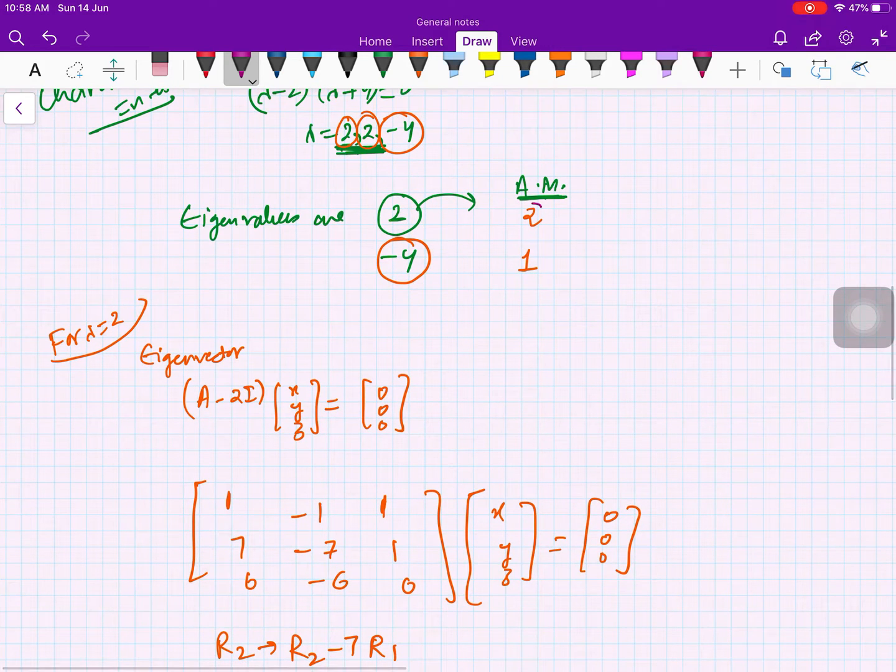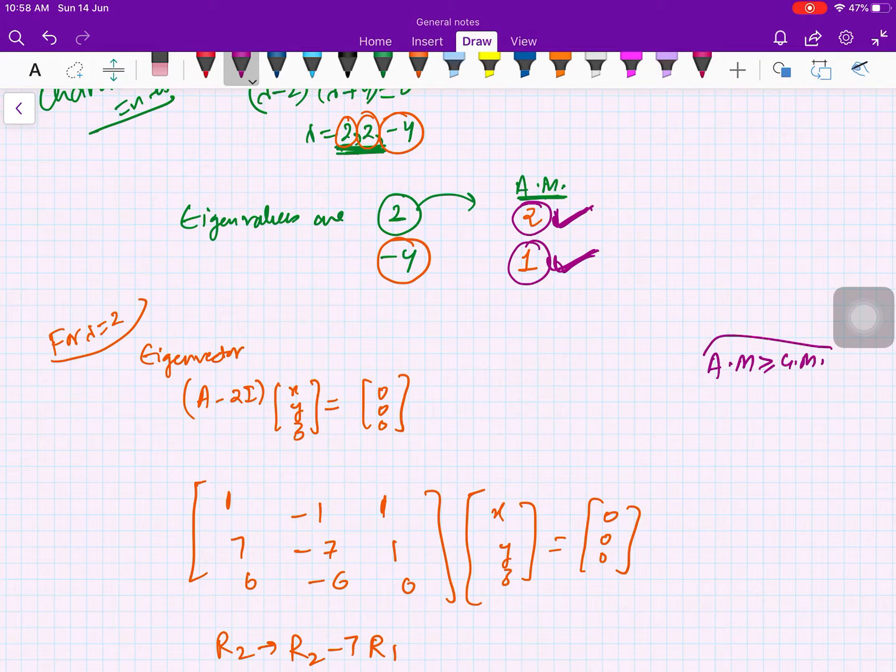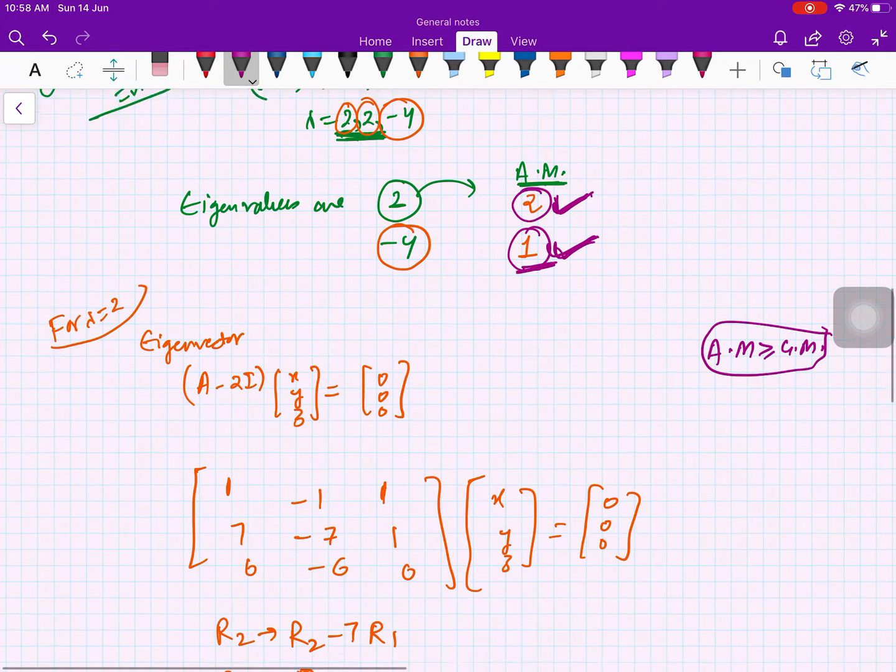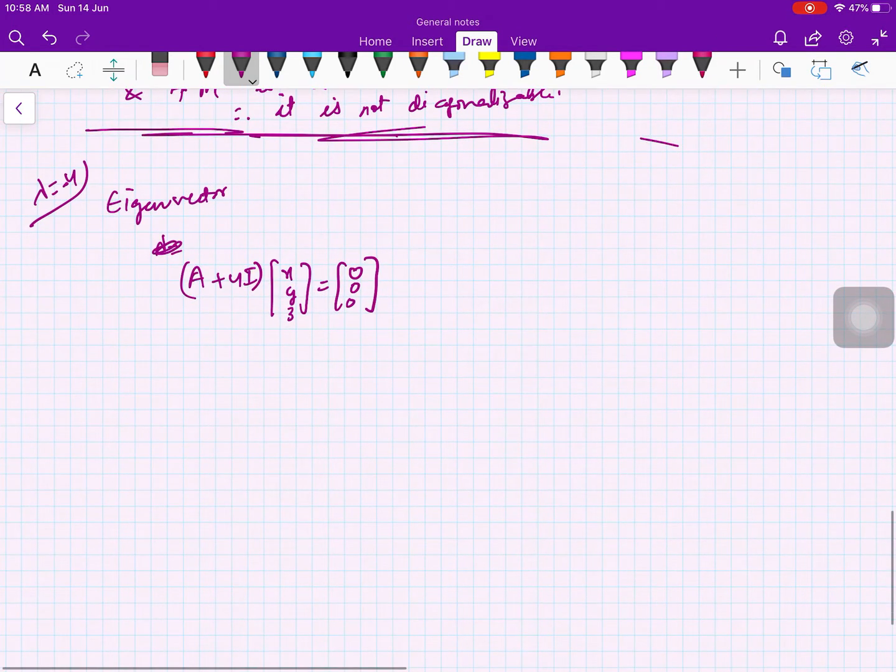The moment you see that the algebraic multiplicities are 2 and 1, you are sure that the geometric multiplicity here will be less than or equal to 2 and here less than or equal to 1, because we have algebraic multiplicity greater than or equal to geometric multiplicity. This result we already have. So you cannot have 2 as the geometric multiplicity of minus 4. You can have at most 1, and you will have 1 for sure.